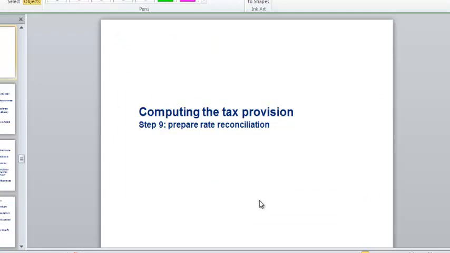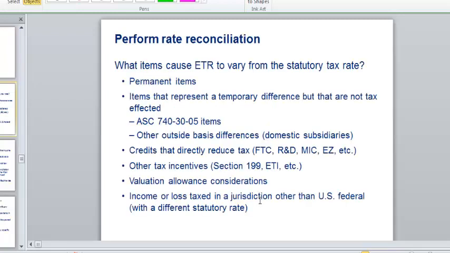Okay, rate reconciliations. I think we've talked about this one plenty in class. As we go through the materials in here, you should already know that in the rate reconciliation, you're going to expect to see perm items, credits, valuation allowances, foreign.